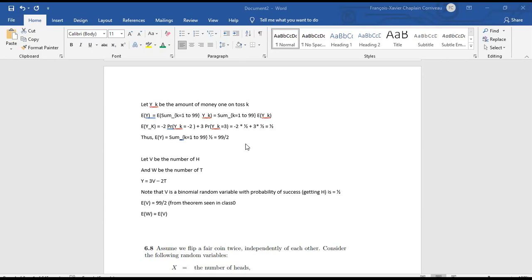A geometric distribution repeats trials until the first success. So binomial counts the number of successes in some fixed number of trials, whereas a geometric distribution repeats trials until the first success.